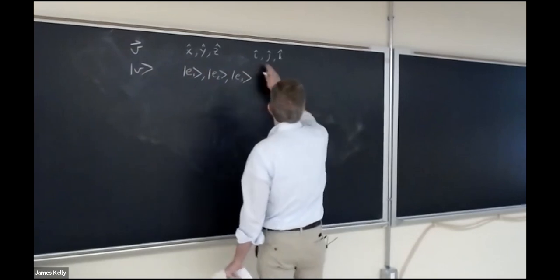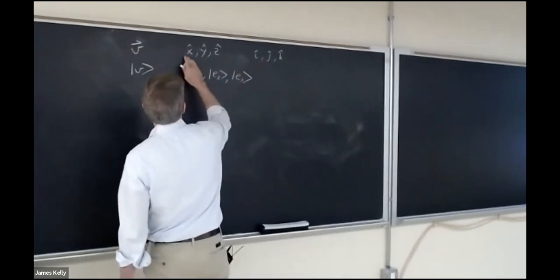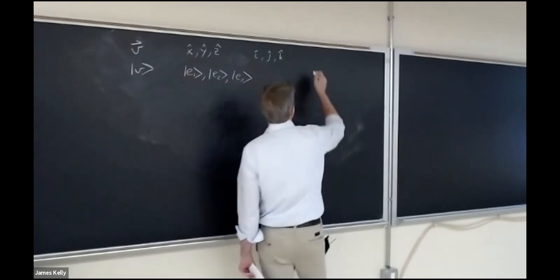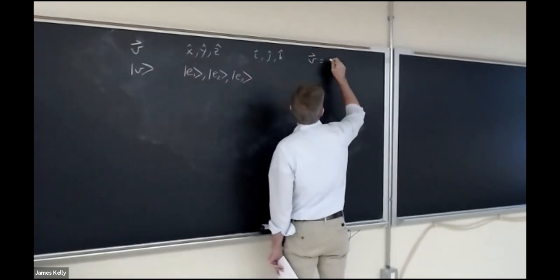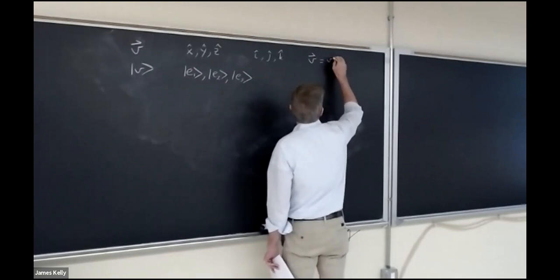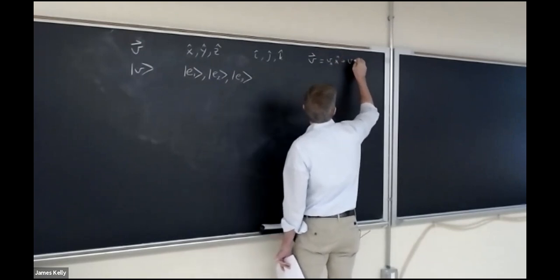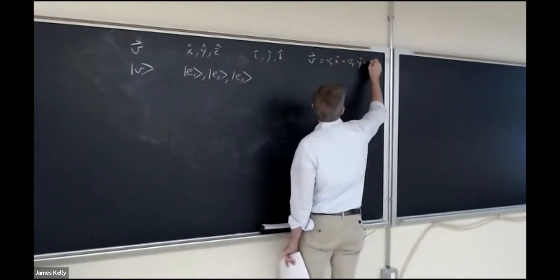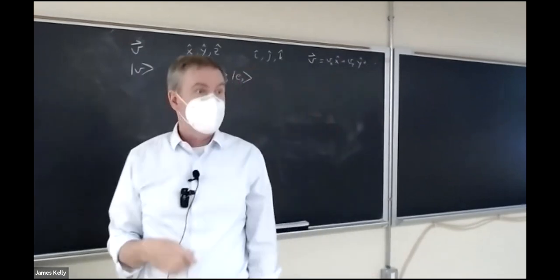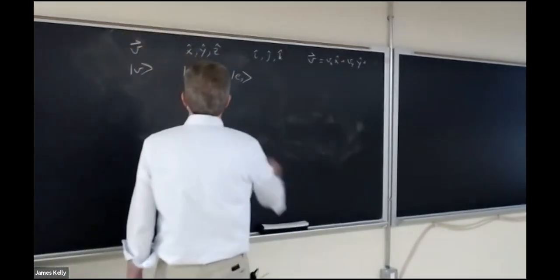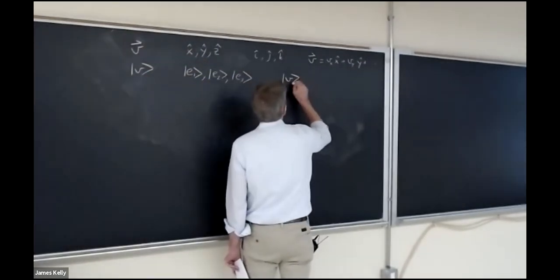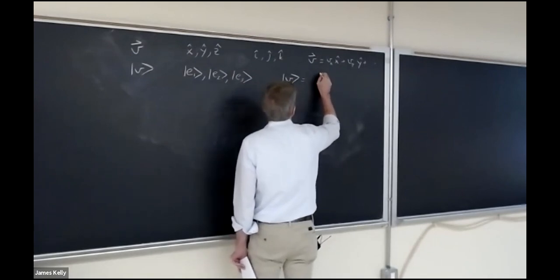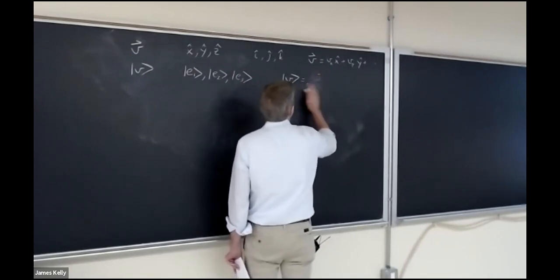And if I wanted to write V as a linear combination of these basis vectors, I might say something like this: V is its x component times x hat plus its y component times y hat plus its z component times z hat. That's something you do in introductory physics. How would we write the same kind of thing in this new notation? Well, we would say V is equal to, let's just write it out.